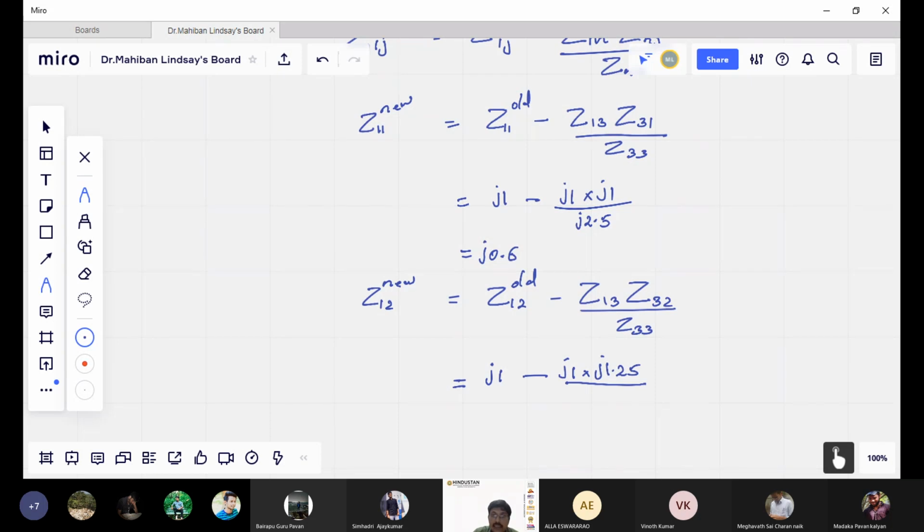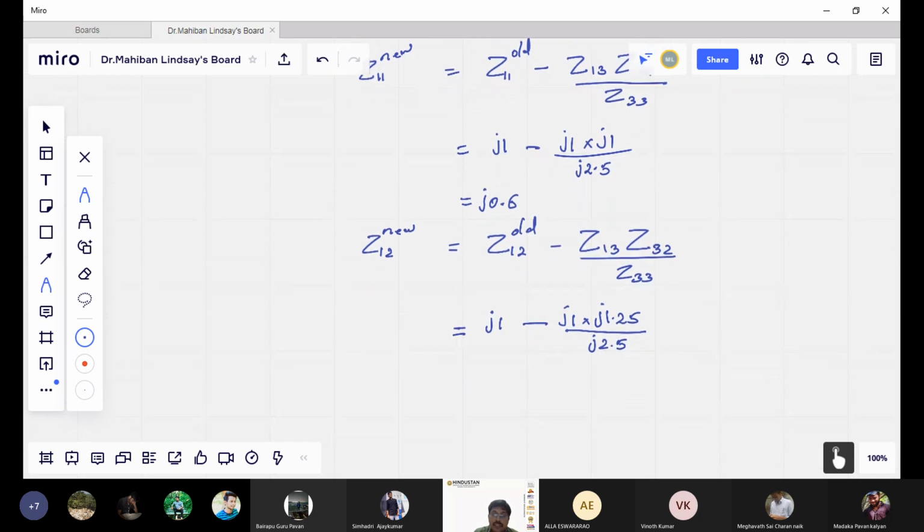Divided by Z33, which is j2.5. Put all these values in your calculator and you will get Z12 equal to j0.5. Please check whether you are getting the same value with your calculators.